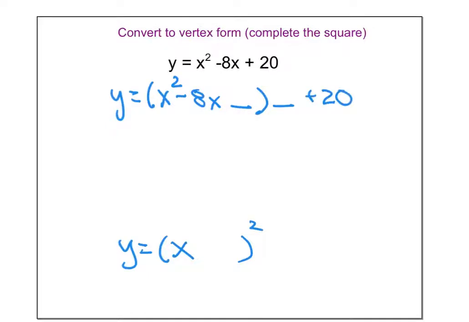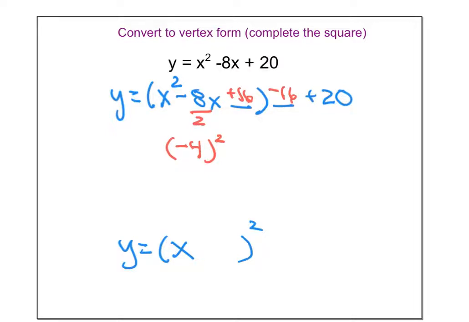That c value's out. I'm going to take the b value and divide by 2. Negative 8 divided by 2 is a negative 4, and square that. Negative 4 squared is a positive 16. Now, if I only do a positive 16, I've really changed my parabola. It's something totally different. So I need to counterbalance that positive 16 with a negative 16.